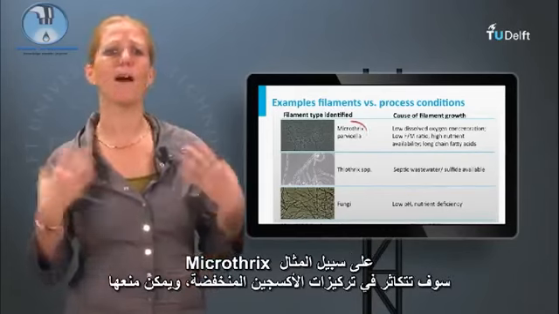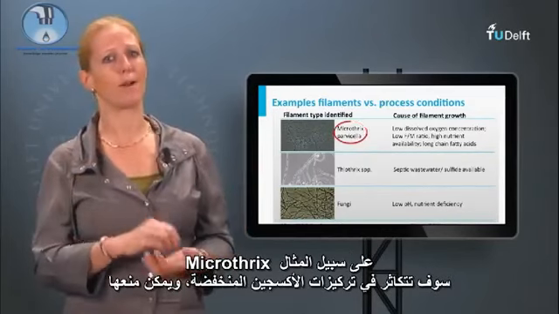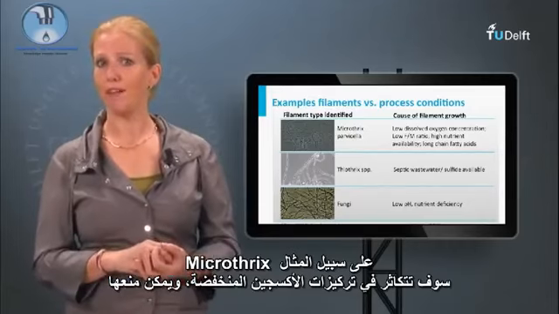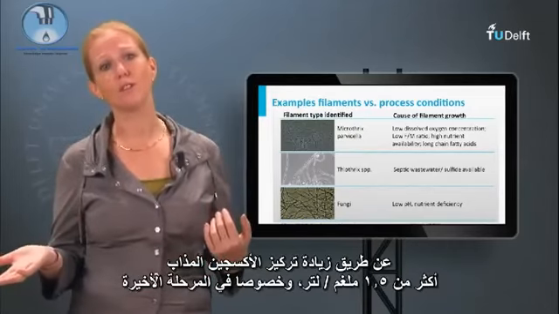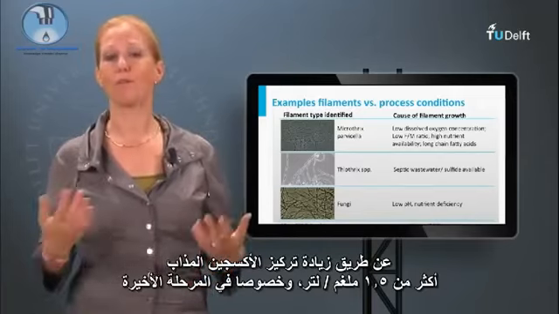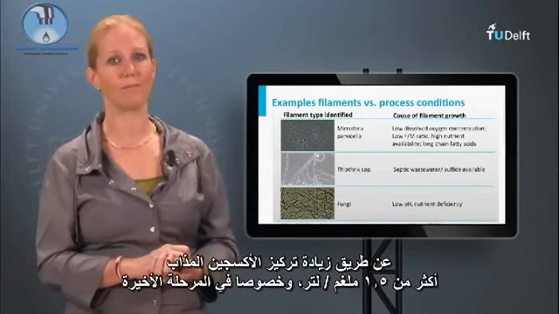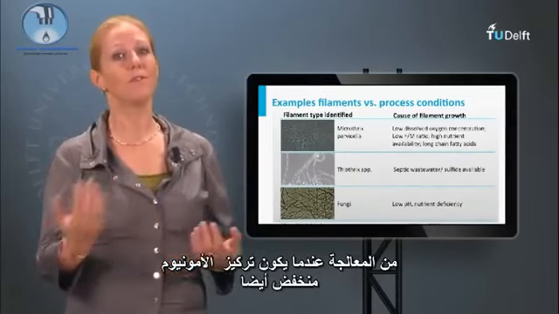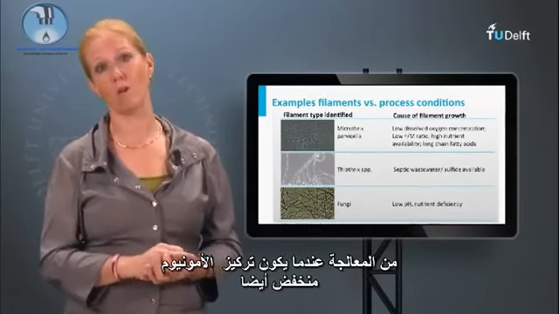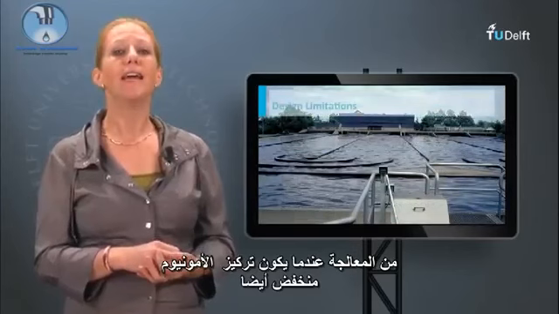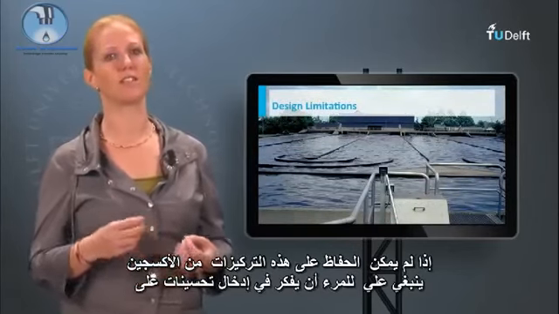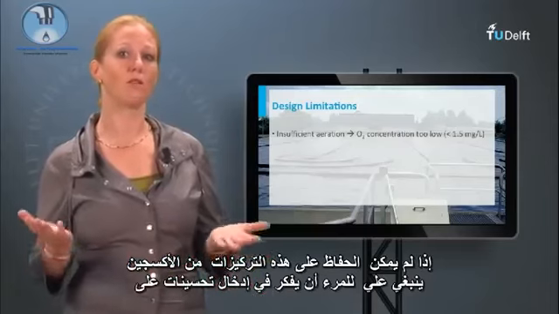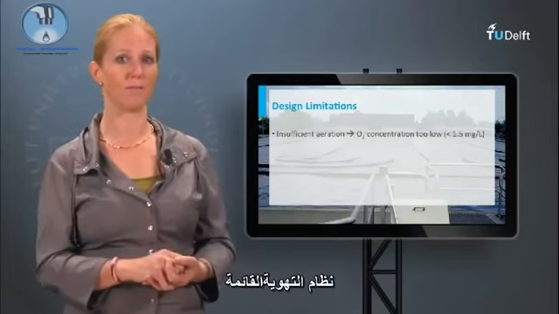For example, Microthrix species will proliferate at low oxygen concentrations, and can be prevented by increasing the dissolved oxygen concentration over 1.5 milligram per liter, especially in the last phase of the treatment when ammonium concentrations are low as well. If these oxygen concentrations cannot be maintained, one should consider improvements on the existing aeration system.